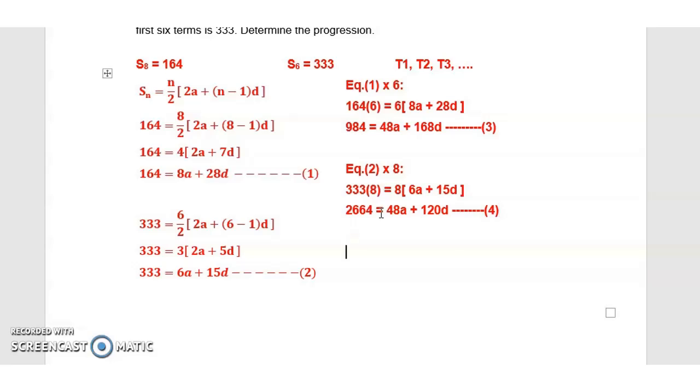Okay, now how to eliminate a, since we already have 48a and 48a here. To eliminate a, let's say I put equation 3 minus equation 4. Okay, so 48a minus 48a equal to 0. Equal to 0 means that a is eliminated.